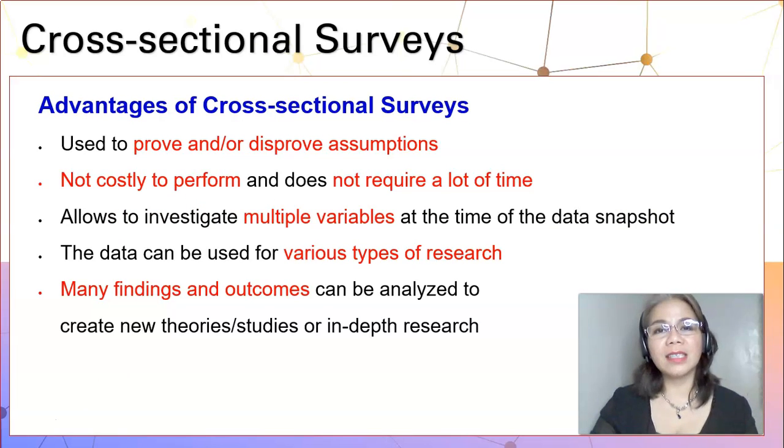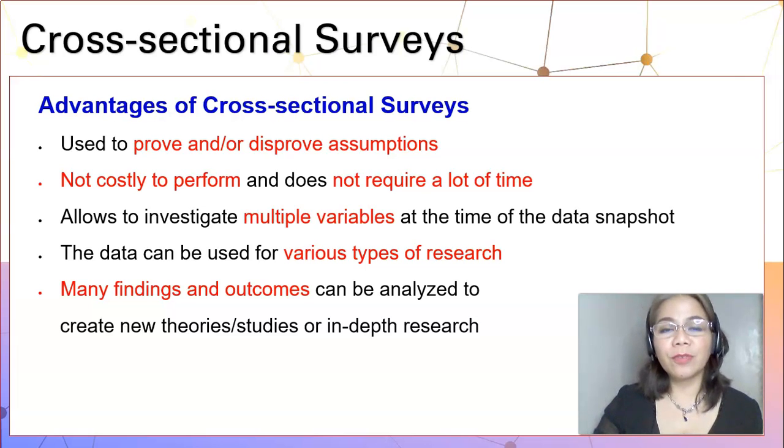Cross-sectional survey has advantages. First is that the results of the findings of a cross-sectional study can be used to prove or disprove certain assumptions about a particular target population. Of course, it is not costly to perform and it does not require a lot of time. It allows the researcher to investigate multiple variables at the time of the data snapshot.